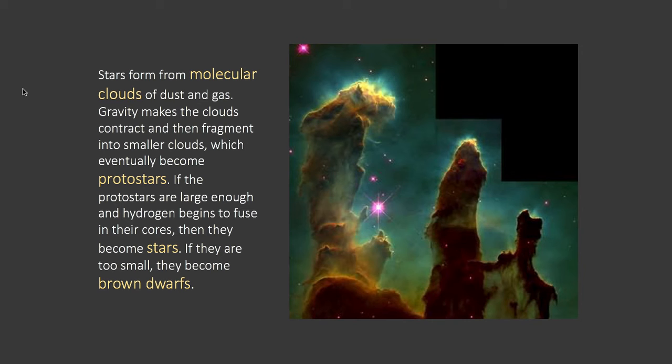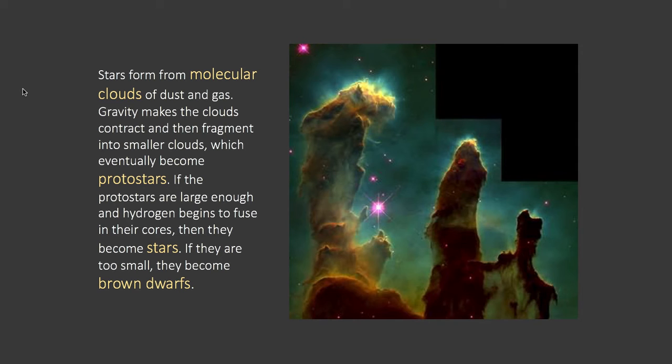Gravity is continually pulling them in, and as that happens, the star will start to take shape. It will start to become a round ball of dust and gas when it originally was some amorphous, random shape. Now, if that cloud is large enough, eventually the pressure is going to reach a point where the hydrogen will begin to fuse.